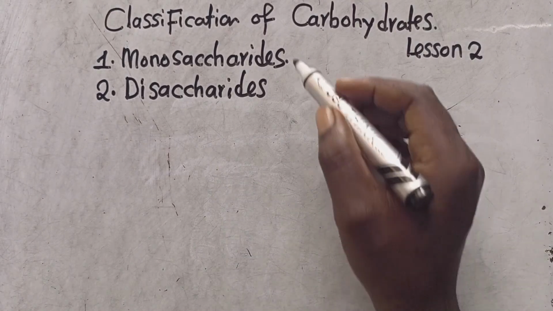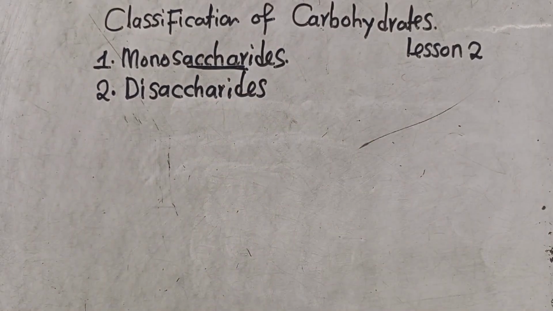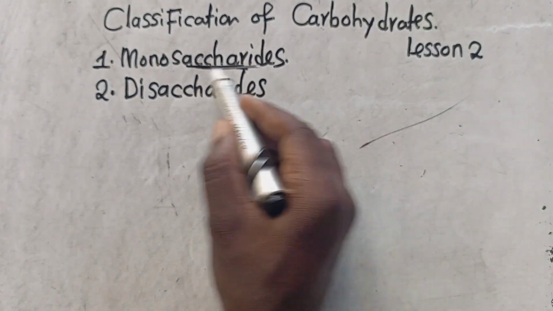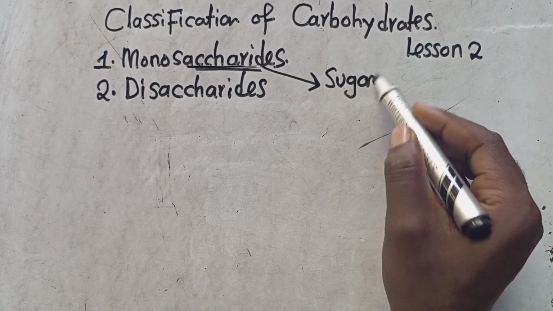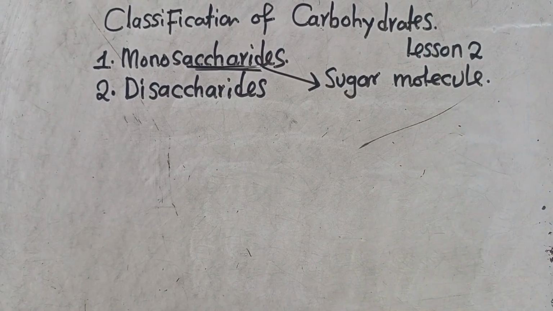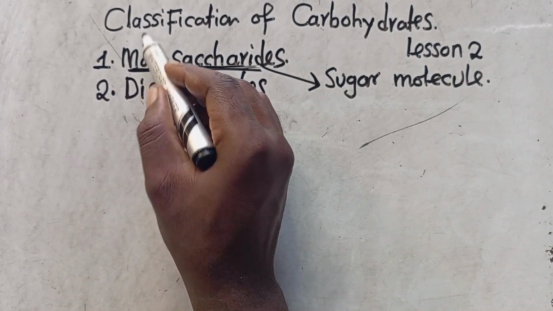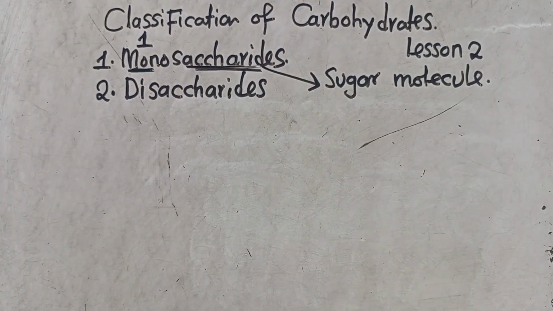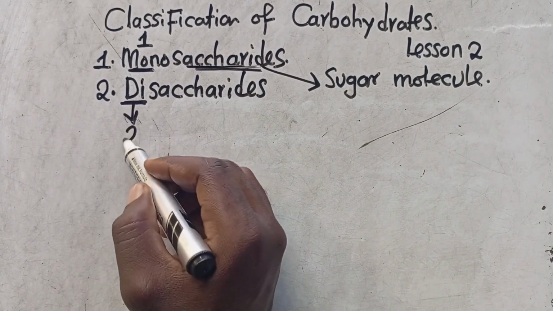I told you that these classifications are based on sugar molecules. When we say a saccharide, it is a sugar molecule. The word mono is just a number: mono means 1, and di means 2.